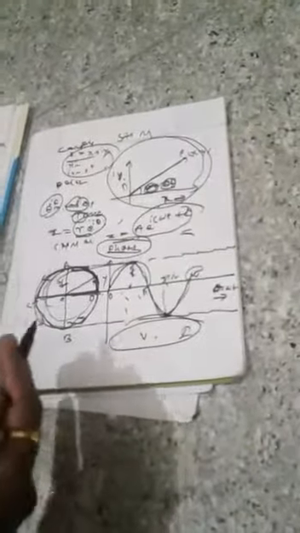For your syllabus only: the complex form is z is equal to x plus iy, and the polar form is z is equal to r into e to the power of i theta, or e to the power of i theta is equal to cos theta plus i sin theta. Cos theta is the real part and i sin theta is the imaginary part, where theta is the amplitude and the angular frequency is omega.